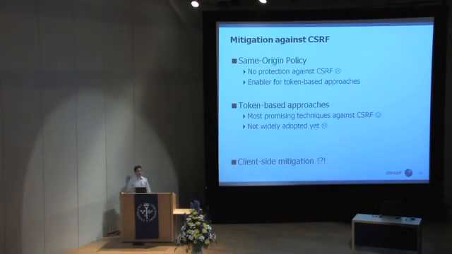They actually make a protocol between the client and the server within one origin, and the same origin policy actually prohibits other domains to read secrets that they share between the client and the server. Although it's very promising, we see on the traffic on the net that it's not widely deployed yet. So it's a very good countermeasure to deploy on the server side, but a lot of websites are still not deploying a token-based approach.